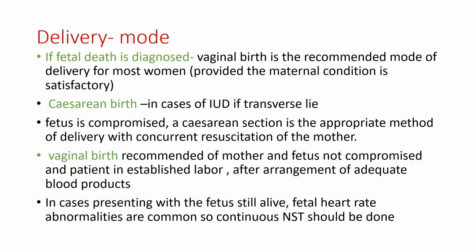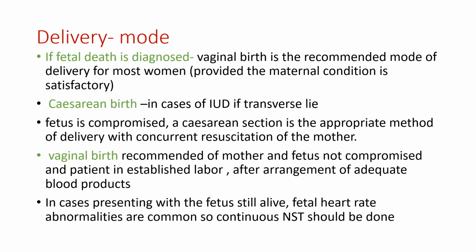Cesarean sections: there are some situations where you have to do cesarean section in cases of IUD itself, when the fetus is in transverse lie or when you need to expedite the delivery in cases of active bleeding to stabilize the mother, because the time you take in vaginal delivery will lead to further increase in blood loss and deterioration.